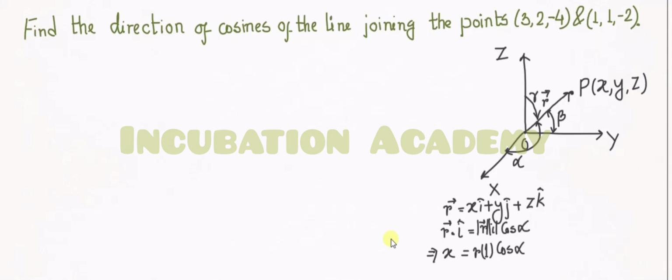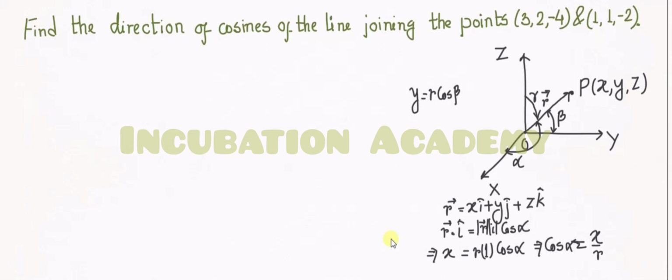So from this, cos alpha is equal to x by r. Similarly, y is equal to r cos beta, which is the component of r along the y-axis.